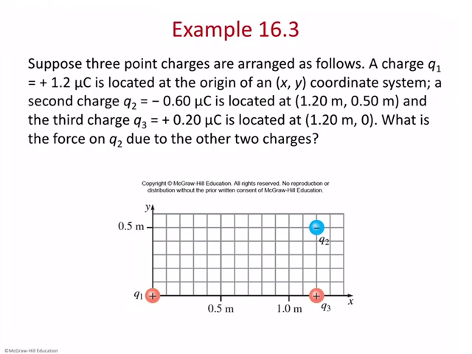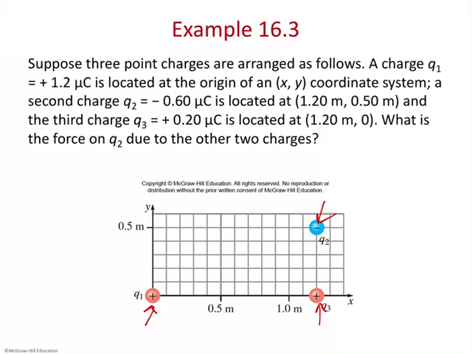It's kind of funny. All right, so you can see that we've got a negative charge and then we've got two positive charges, and it's giving you their charges. It's saying that charge 1 is 1.2 microcoulombs, and it's basically the origin, so it's 0, 0.